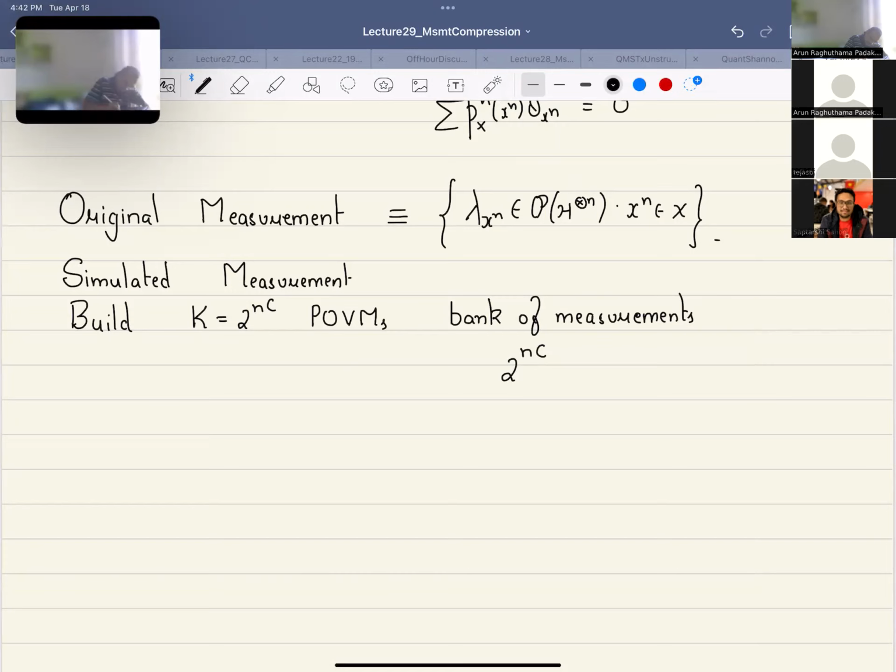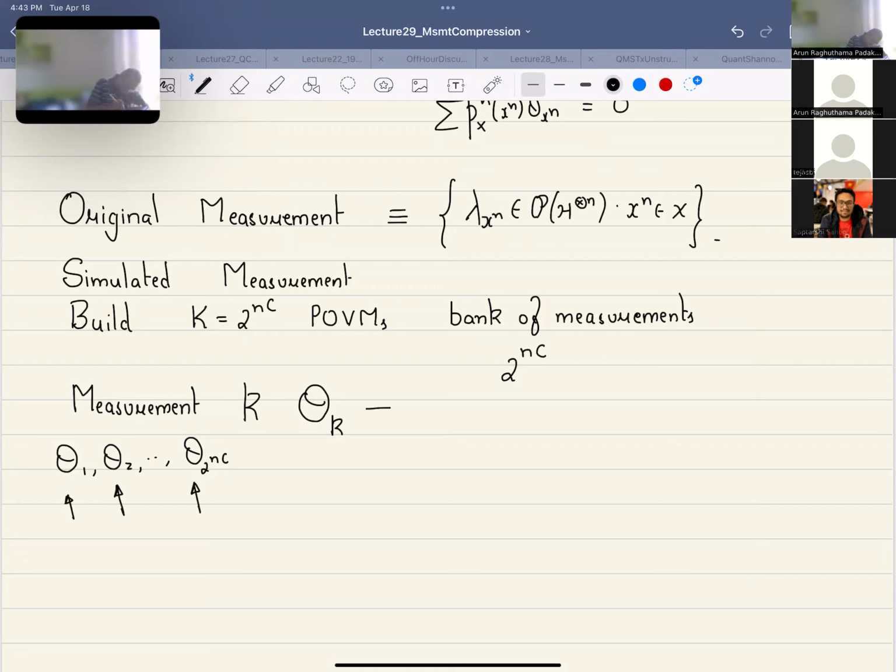Okay, so measurement k, one generic measurement in that bank, I will denote as theta_k. So theta_k is a measurement. There are theta_1, theta_2, up to theta_{2^{nC}}. Each one is a measurement. That means for each one, I should give you operators that sum to identity.